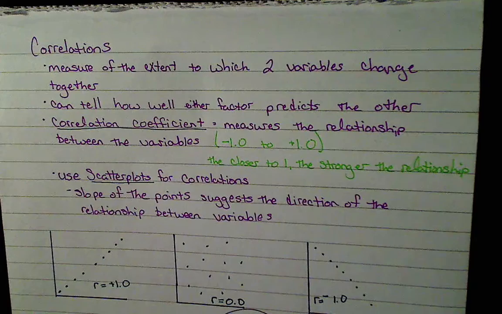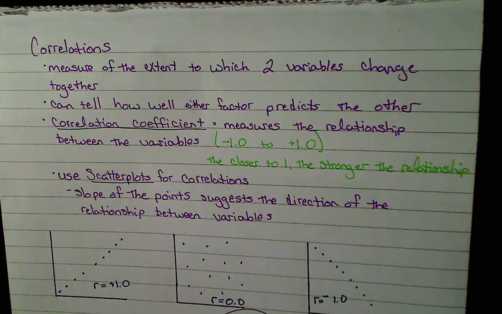All right. So, I wanted to make sure that you understand what correlations are. When you look at correlation, it's the measure of the extent to which two variables change together. So if you look at two different variables, how are they related? How are they changing when you put them on a graph?